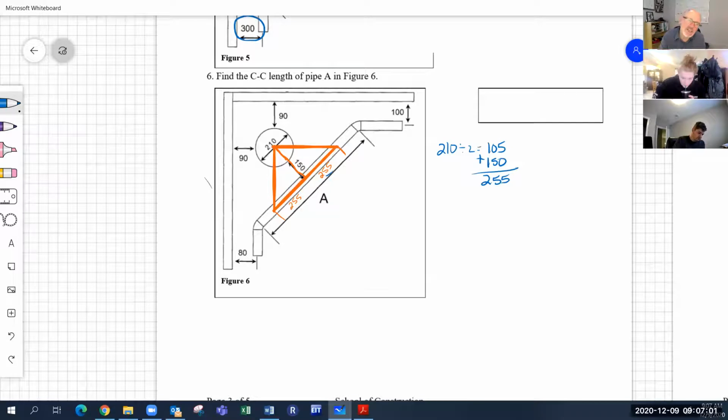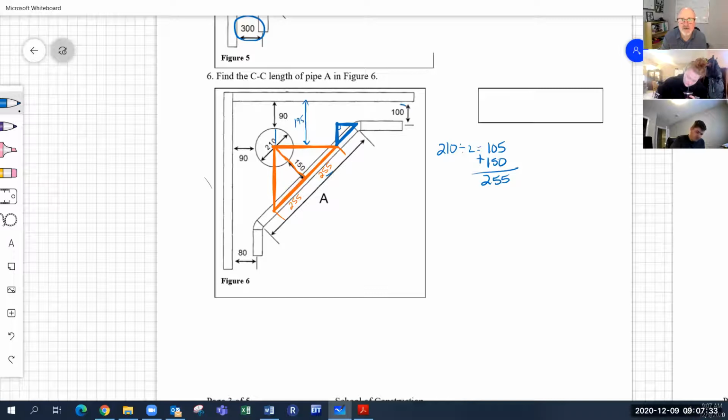So the next thing I want to do is I want to solve for this piece right here. And I'm going to draw another right angled triangle right there. And then I'm going to determine the measurement from the orange line all the way to the wall. And that is half of this, so that's 105 plus 90. So this line is 195.